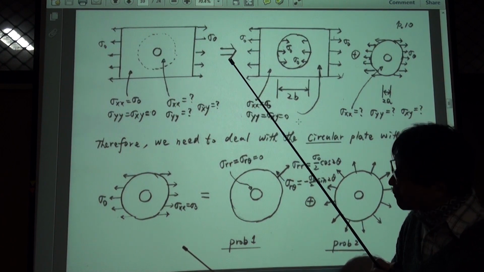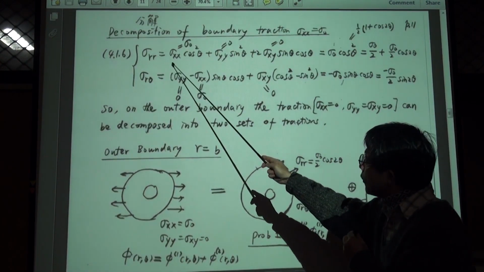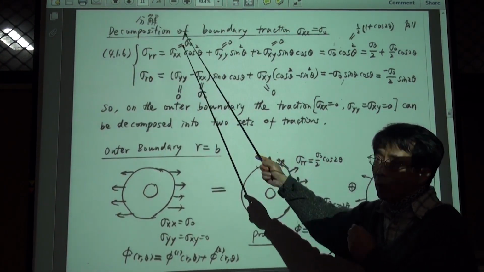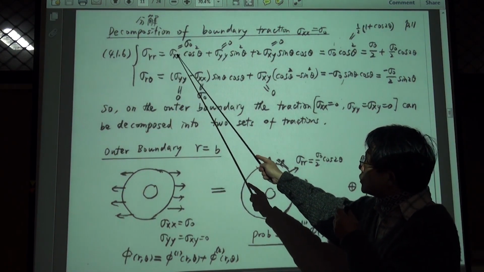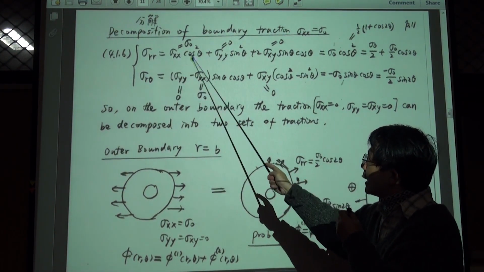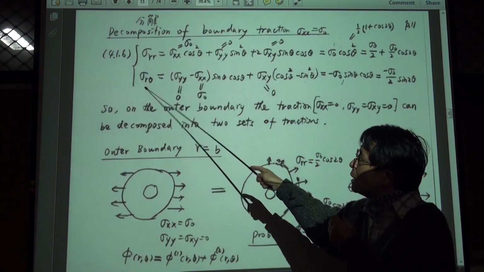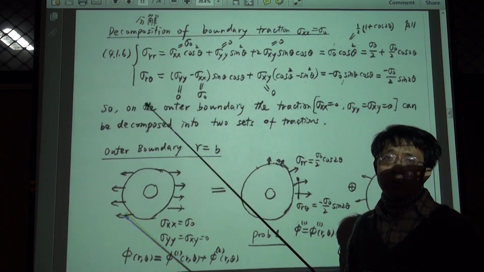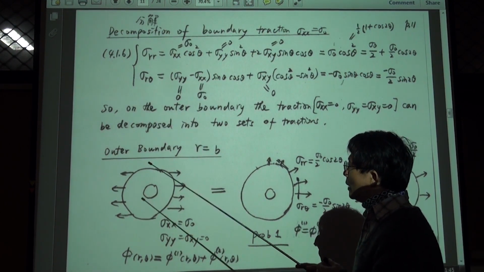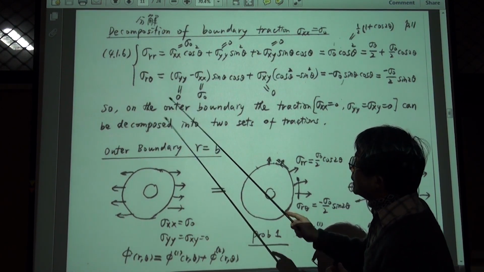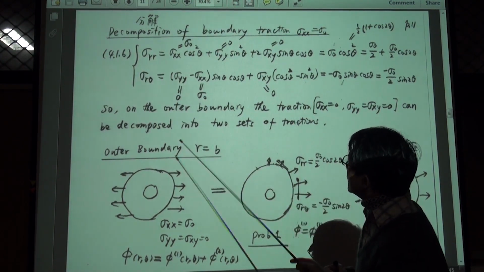Here, according to the formula we have talked about before by the Mohr circle theory, the stress components in the xy coordinate can be related to the stress components in the polar coordinate. You can just copy down the formula here, 1.6.